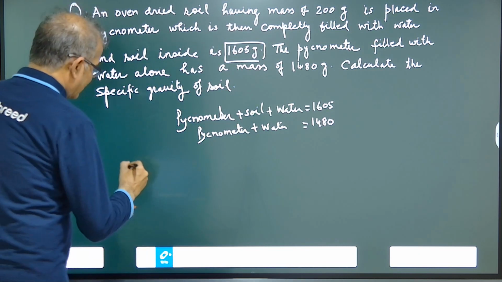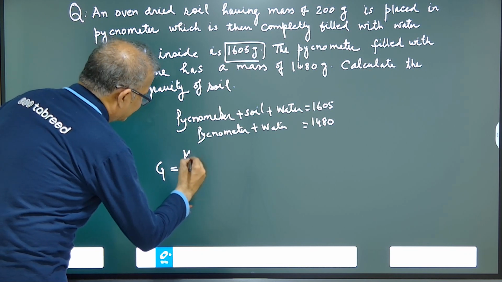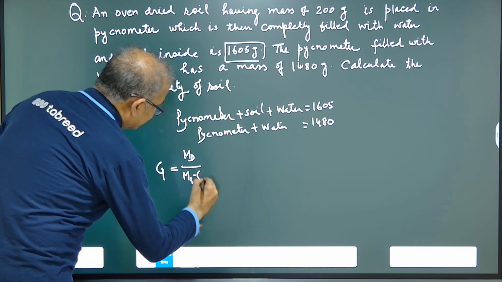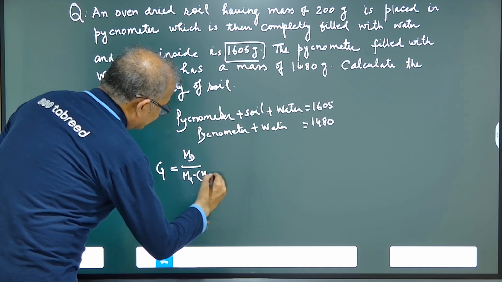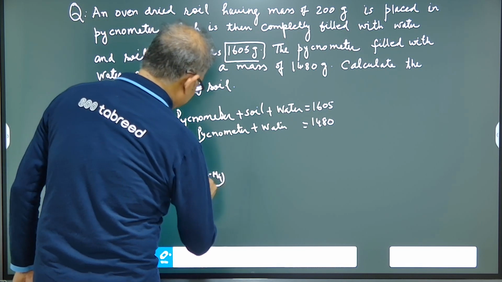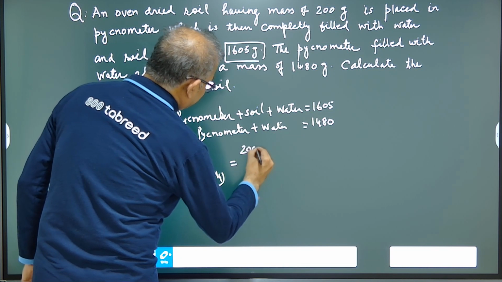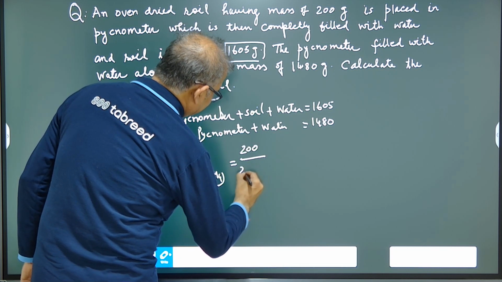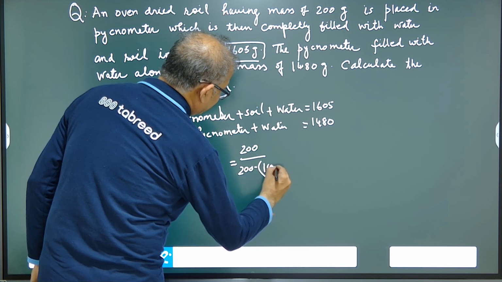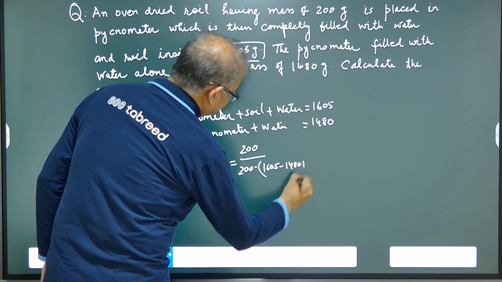So we know the relationship: specific gravity G is equal to MD over MD minus (M3 minus M4). Let us input the values. MD is given as 200 grams, and M3 minus M4 is 1605 minus 1480, which is 125.